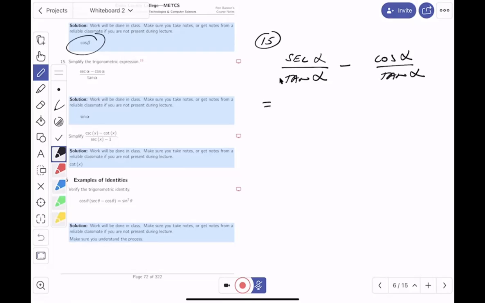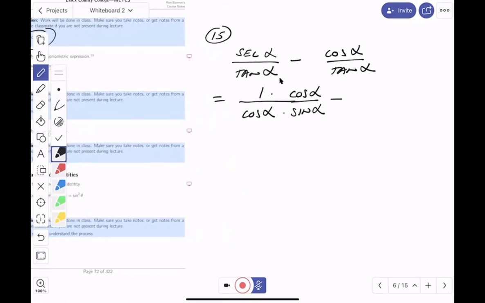I'm going to keep rewriting it. Now I realize the secant is 1 over cosine, and the tangent is going to be sine over cosine. It's going to probably simplify a little quicker than a lot of students can do it, but that should be written there eventually. Minus, let's go to the next term. This would be cosine alpha, sine alpha over cosine alpha.